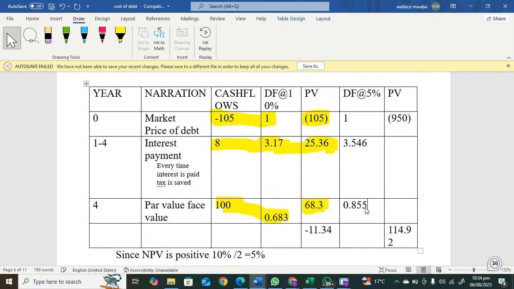Then we do our multiplications again. It's just a repetition of what we did earlier on.